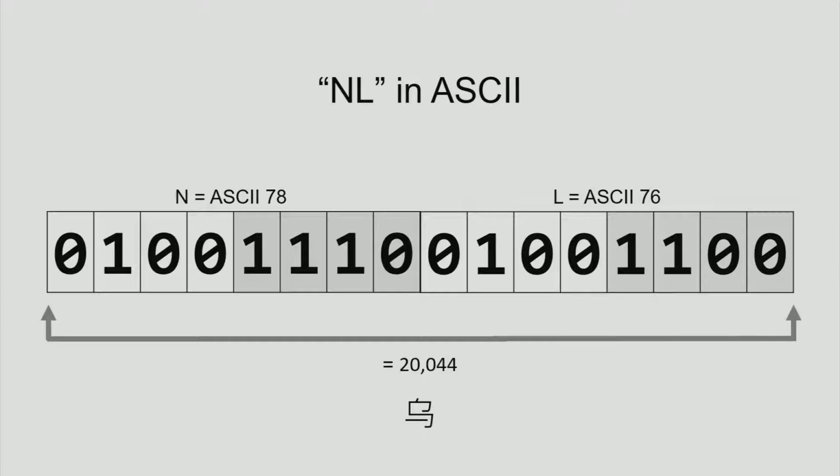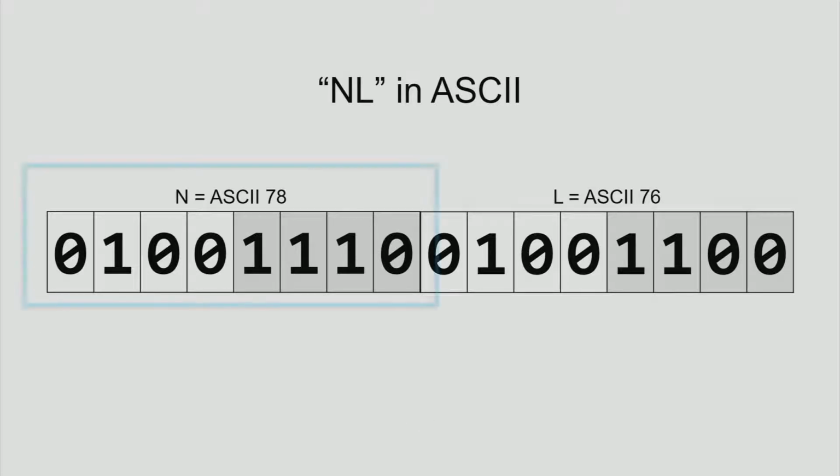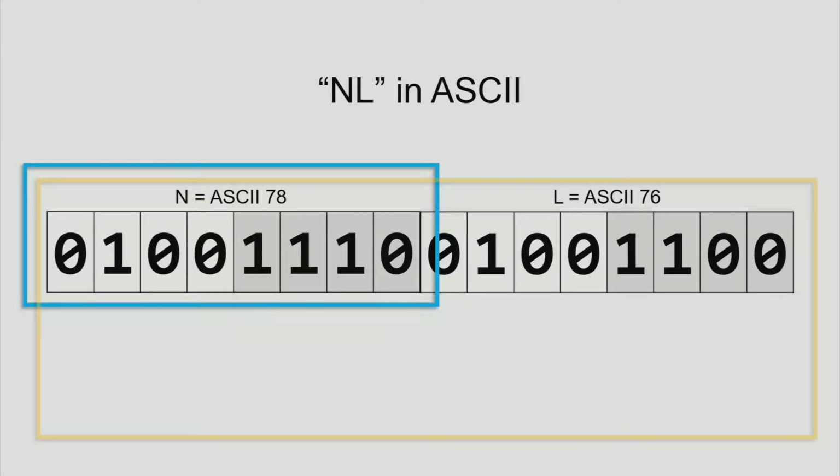Which one is it? You don't know. So this one is NL, and this one is the Chinese Wu. If you have a byte stream in the database, and you are searching for the N character, and you actually meant to type the Wu character, you will find the N character and L character there. So that's not going to work.